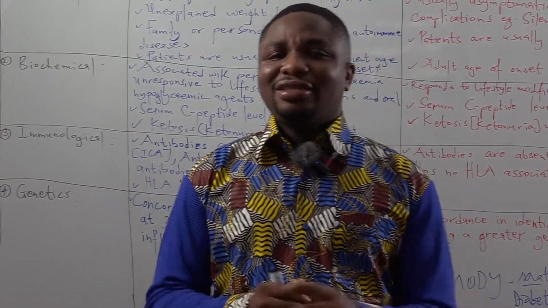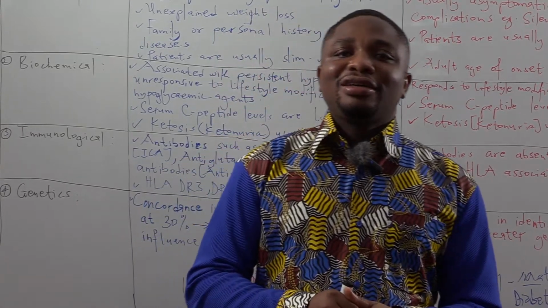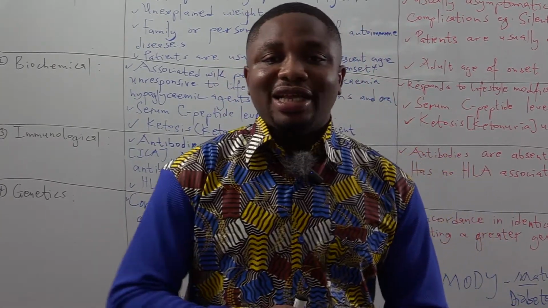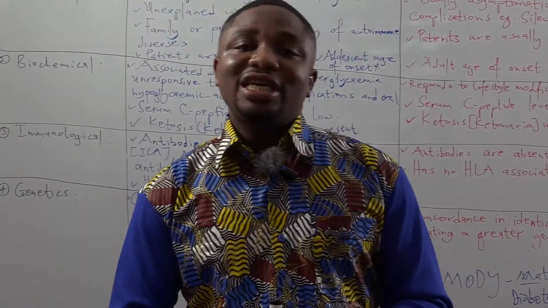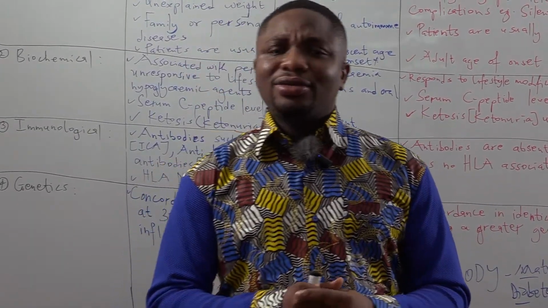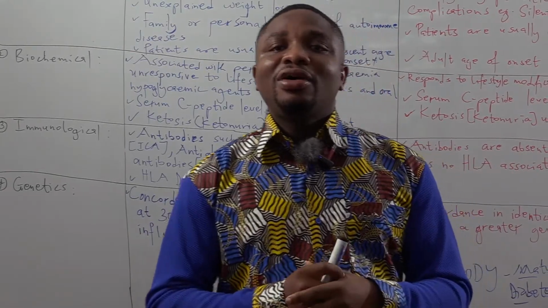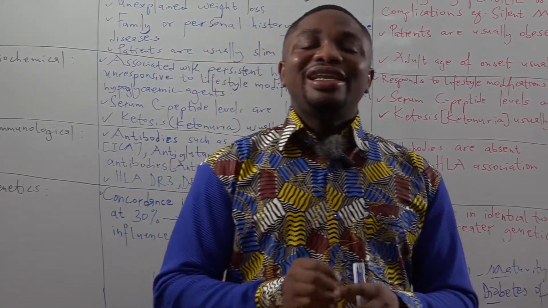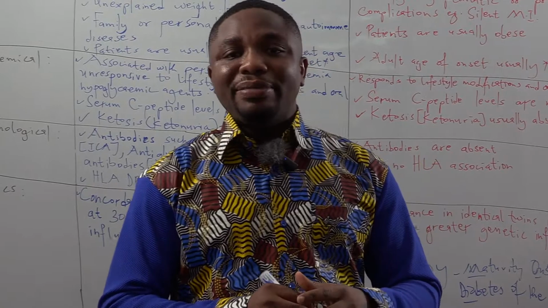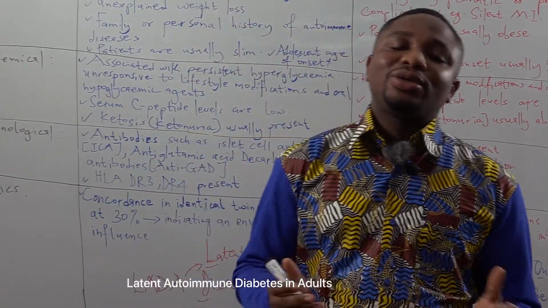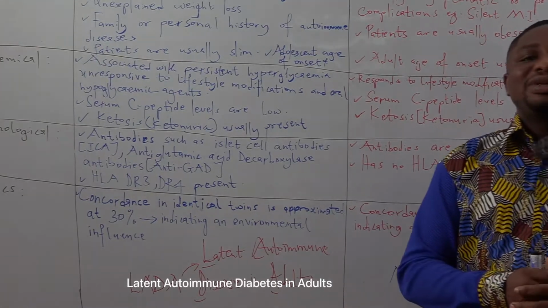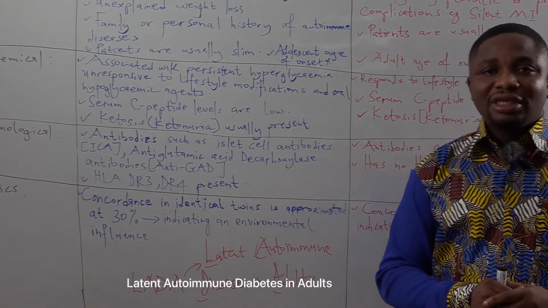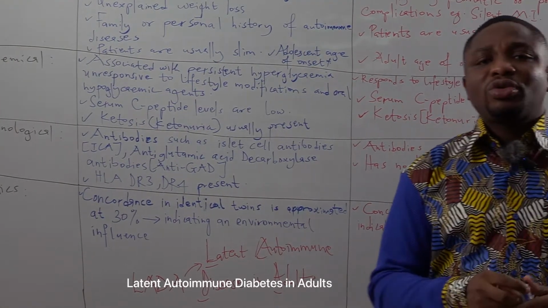Then finally, as I said, type 1 diabetes mellitus does not only have an adolescent age of onset, it may also occur in the adult. When it is happening in the adult, we'll call that latent autoimmune diabetes in the adult. And you should know that latent autoimmune diabetes in the adult has a slower progression.